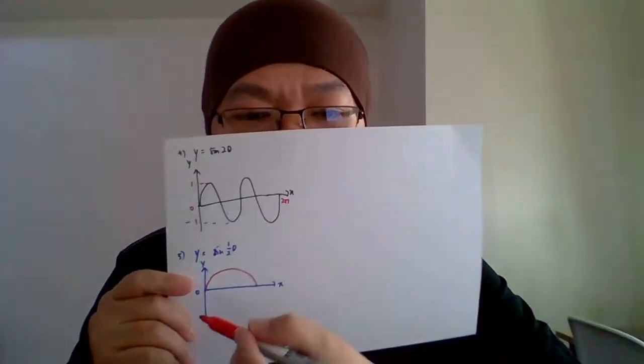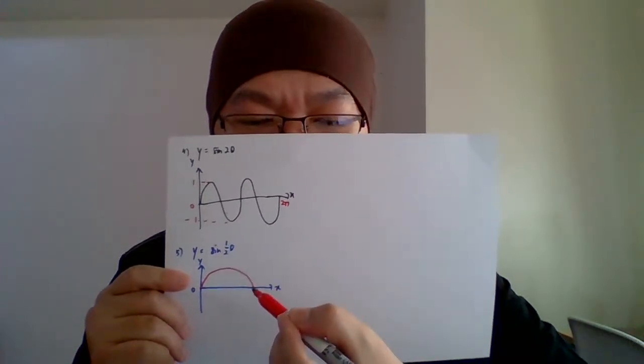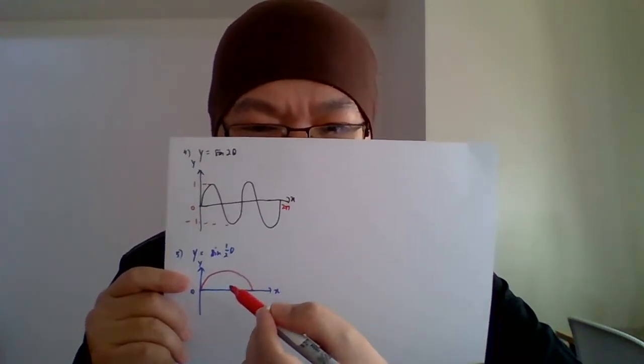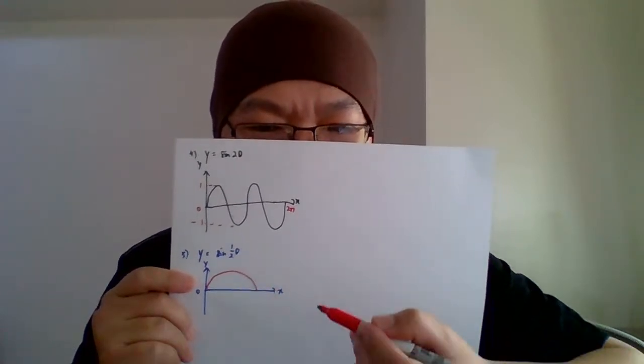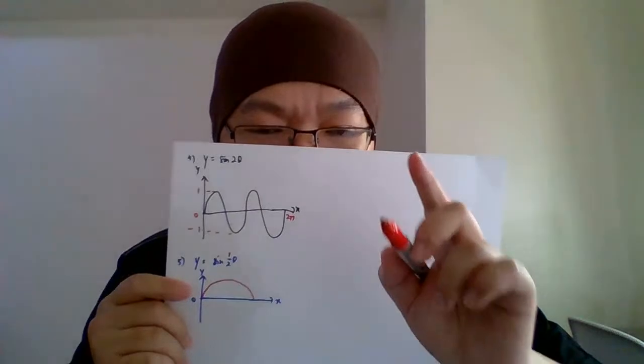So graph, just draw saja. It will be like this. Okay, your sine graph will be like this. Only half. Okay, only half of the complete oscillate. Actually, we need to extend to become one complete, right? That one will be for the sine theta.